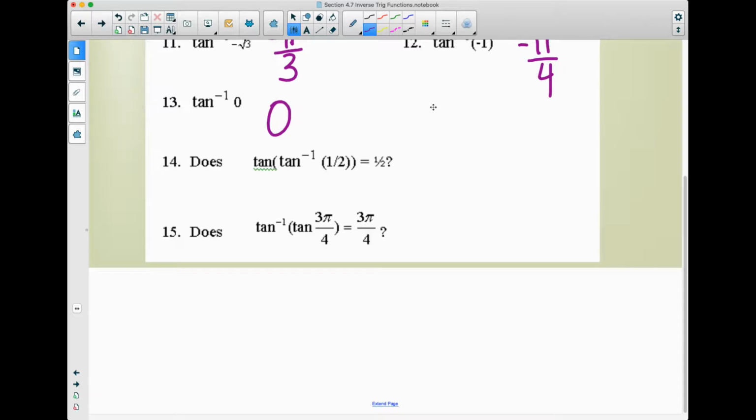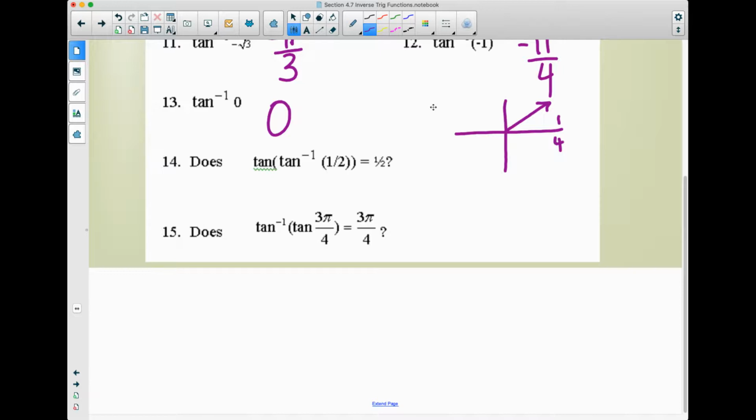But I know that if I'm dealing with the inverse, I can only be in the first and fourth quadrant, right? And tangent's positive up here, but negative down here. So it's going to be somewhere up in here where tangent's going to be 1/2. I don't know the exact amount, but I know it's going to be up there.